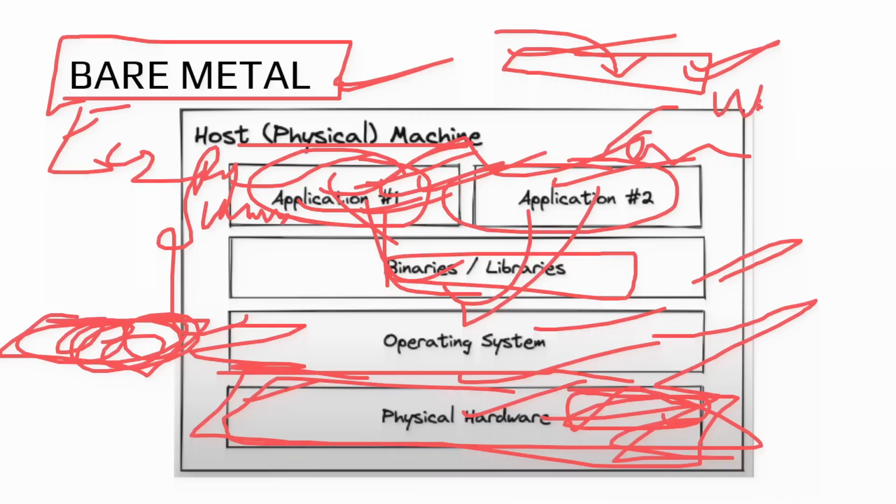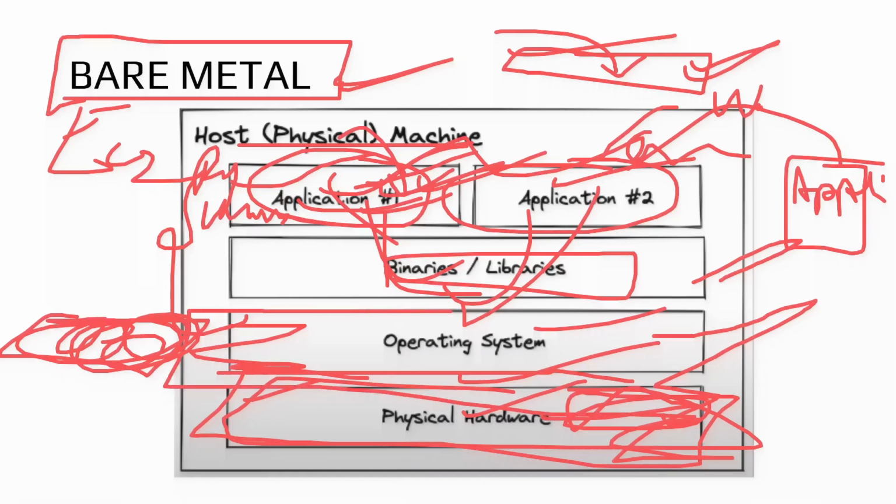It is not possible here. All you can do is boot up another bare metal machine and put your application there. If we had used some virtualization approach, we could have squeezed both these applications into the same machine, but because the host machine has only one operating system, we are forced to use another physical machine to run the other application too, which is why it is very low resource utilization.